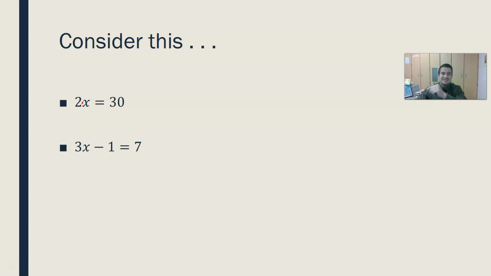How do I undo multiplying? By dividing. So I divide by 2 on the left-hand side, and whatever I do on the left-hand side, I have to do on the right-hand side. The 2's cancel out, and I'm left with x equal to 30 divided by 2, which is 15. That's a pretty straightforward, basic example.